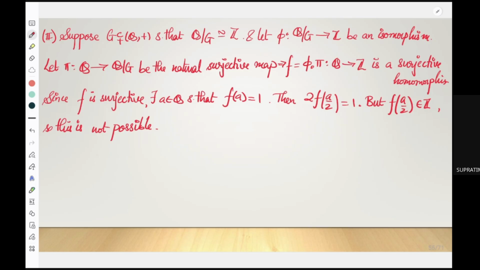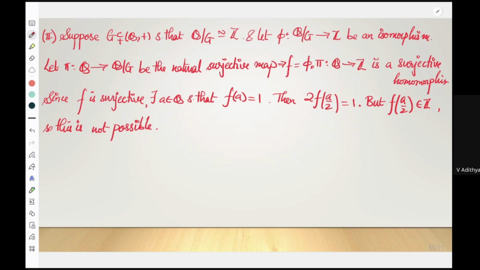I recently noticed that in the last 2 or 3 years, they are choosing questions from the group Z modulo n, I think it is U of n, and asking whether U of n and U of m, for distinct integers n and m, are isomorphic.